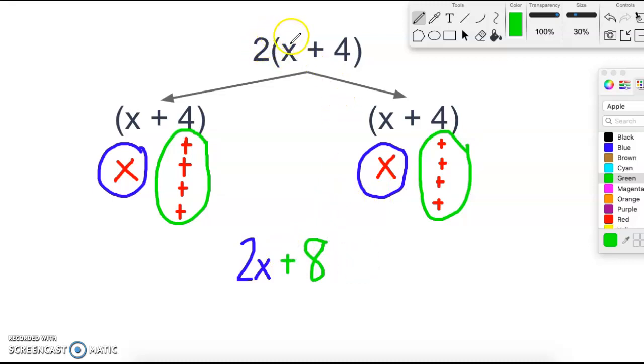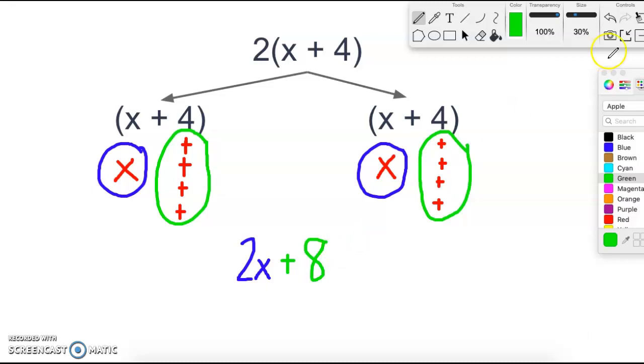So 2 times the quantity x plus 4 is the same thing as 2x plus 8. Remember, these are not like terms, and x is not the same thing as a positive. This term has a variable, this is a constant, so we cannot add these together. 2x plus 8 is our final answer.